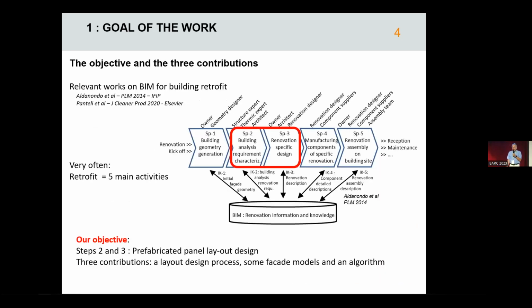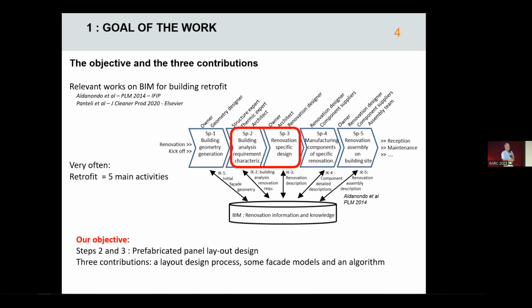So the objective and the 3 contributions. Basically, some work has been published with a building information model for retrofit. This is one I've been working on, almost 10 years ago. Basically, you have 5 steps. The first one is to collect the geometry of the building.